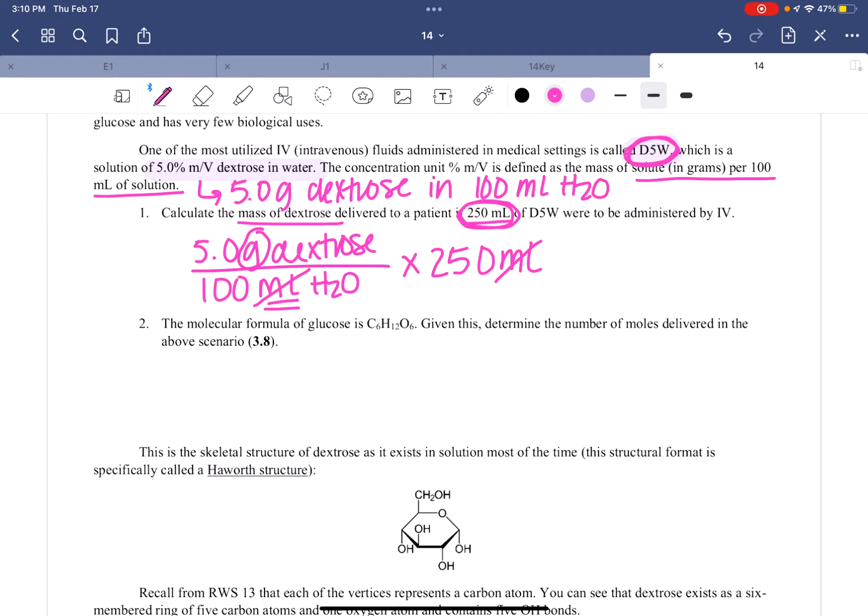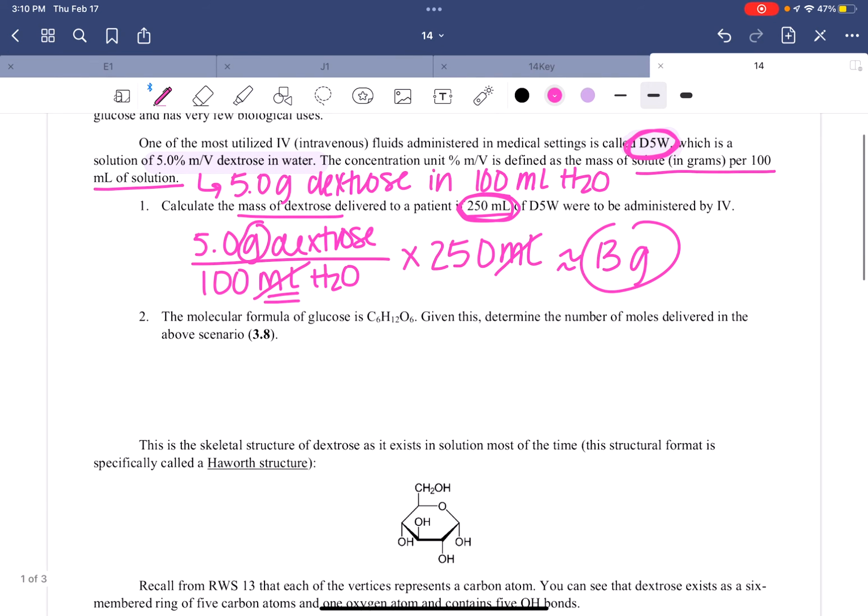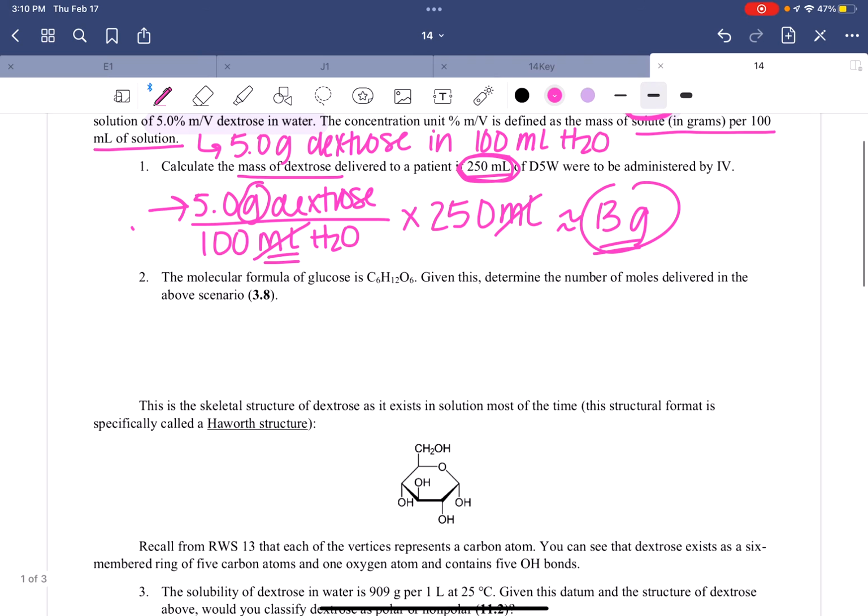So now we can just plug this into our calculator and you get approximately 13 grams of dextrose. And we want to round from I think you get 12.5 out of your calculator. And since we start with 2 sig figs with this 5.0 grams, we're going to round to 13 to have just 2 sig figs in our answer.